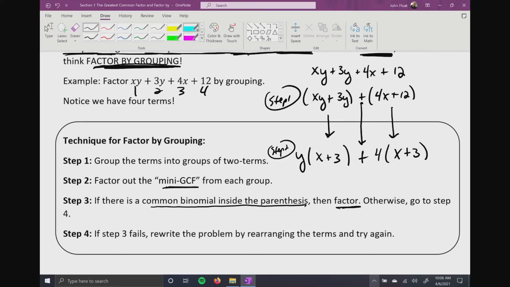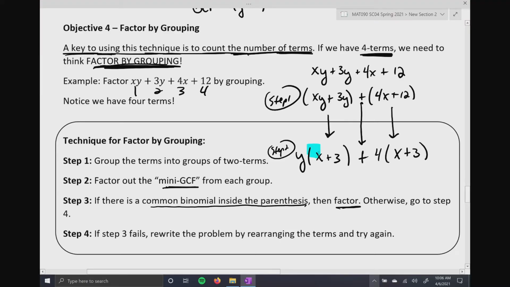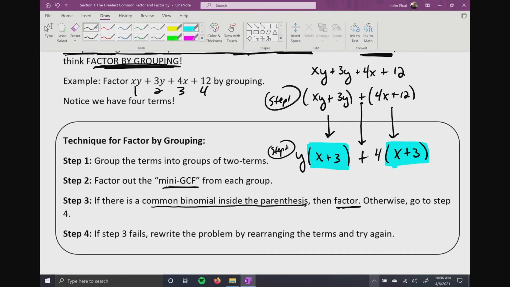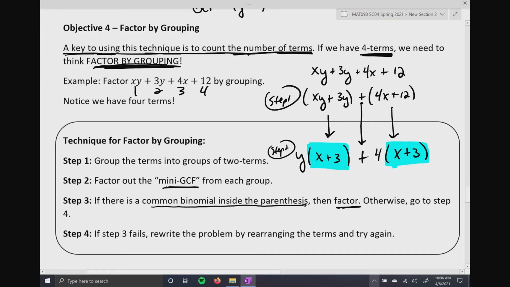I will use the same exact color of highlighter that I used before. Notice both new terms have the x plus 3 in common, which means I can factor that out.